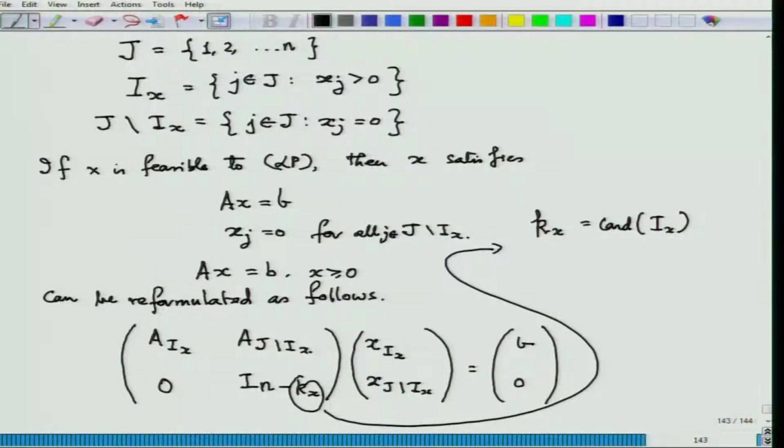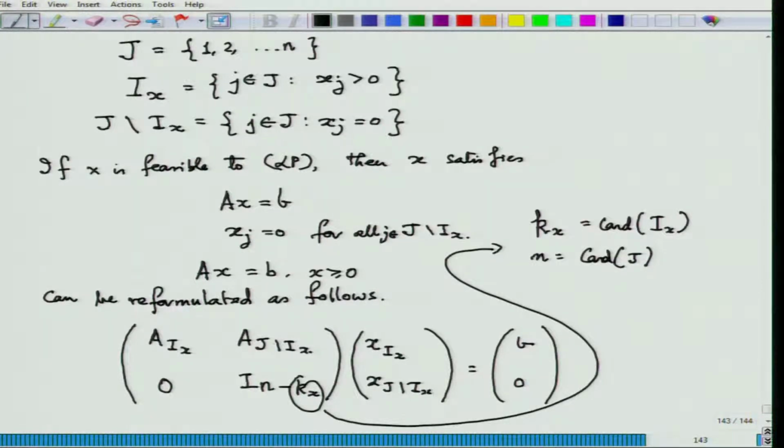And the remaining n minus kx, right. n is obviously the cardinality of J, which is the counting of the number of components, because x is in Rn. So, remaining J minus Ix is the case where xj is equal to 0.